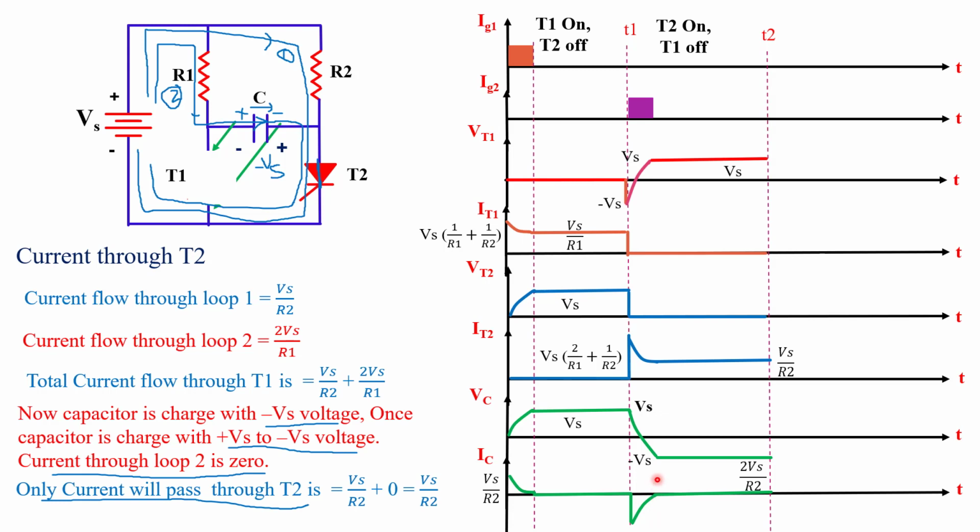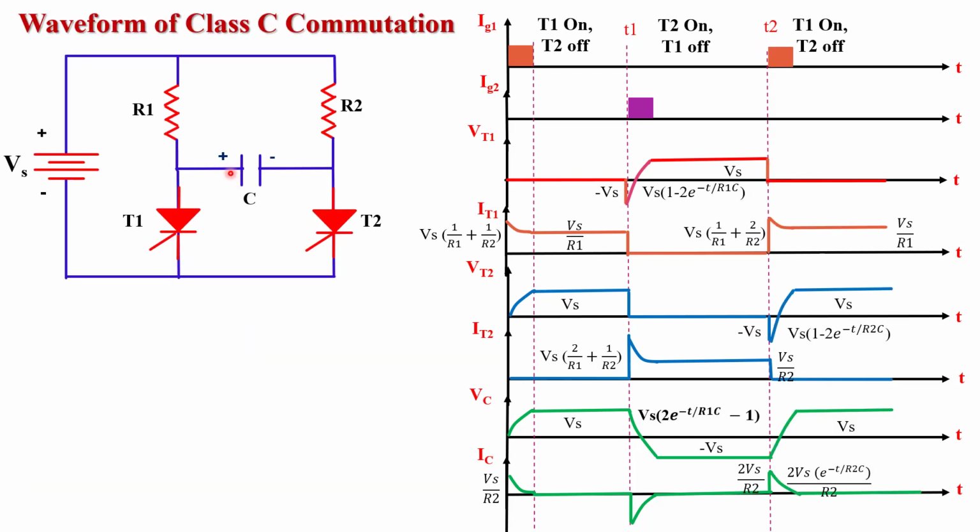And when the capacitor is fully charged with minus Vs voltage, current across the capacitor reduces to 0. So here this waveform is 0. At time instant T2, we see the capacitor voltage is minus Vs. It means the capacitor this time is charged with polarity: left plate is positive and right plate is negative. Okay, at time instant T2, the capacitor polarity is this.